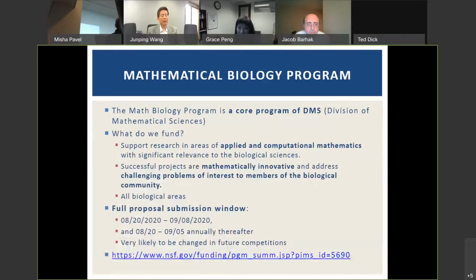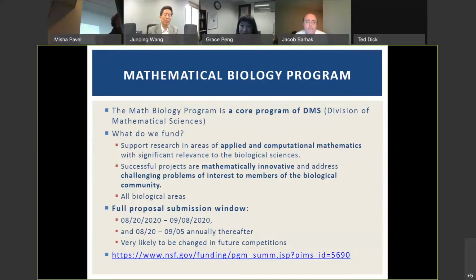For the mathematical biology program, this is what we call a core program in the Division of Mathematical Sciences. The division has several core programs, and most of the other core programs are in the disciplines of mathematics, like topology, geometry, analysis, algebra.